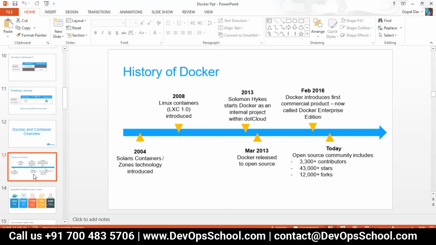Oh, sorry, those are ECS. ECS is also running on top of Docker, just giving a GUI interface, nothing else. Elastic Container Service is running on top of Docker.